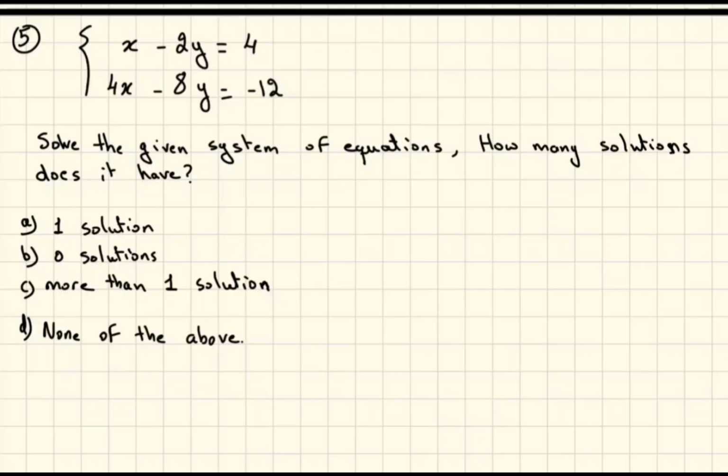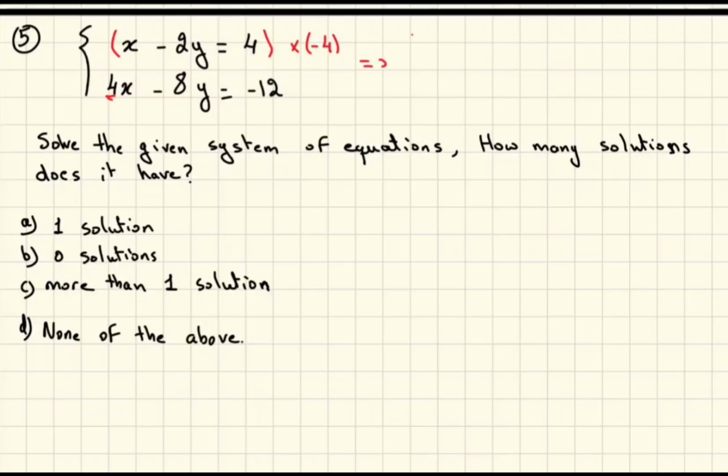Now, I know some students do this on the calculator, but if you don't have a calculator, you need to try to eliminate one of the variables. Since here we have x and down we have 4x, we're going to multiply by the same number with the opposite sign. So the whole equation on top should be multiplied by -4.